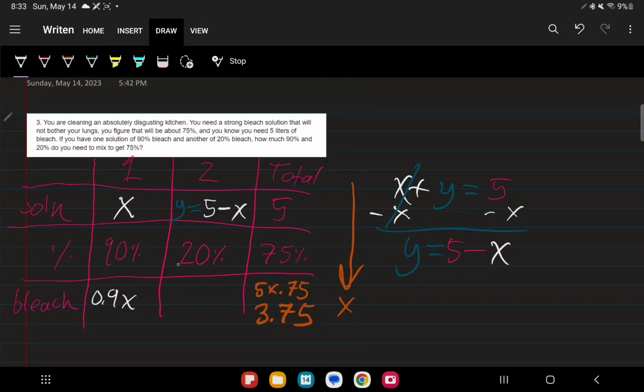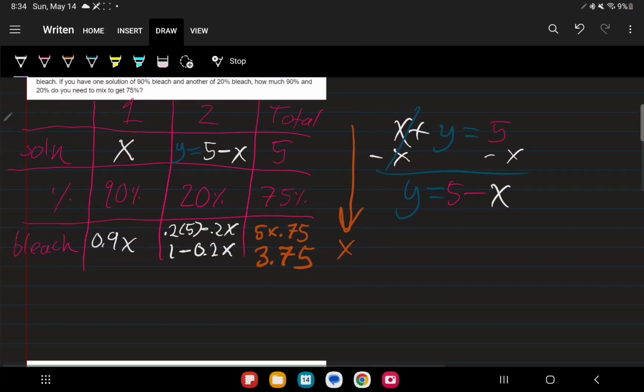So I get 0.2 times 5 minus 0.2x. 0.2 times 5 is 1, minus 0.2x. Put a 0 in front of that so you know where we're going.